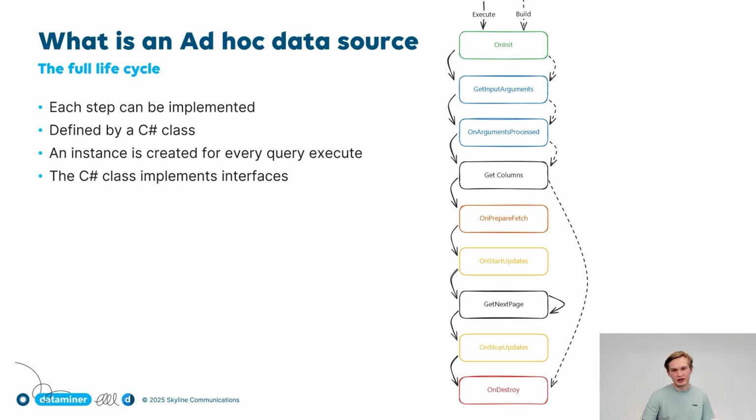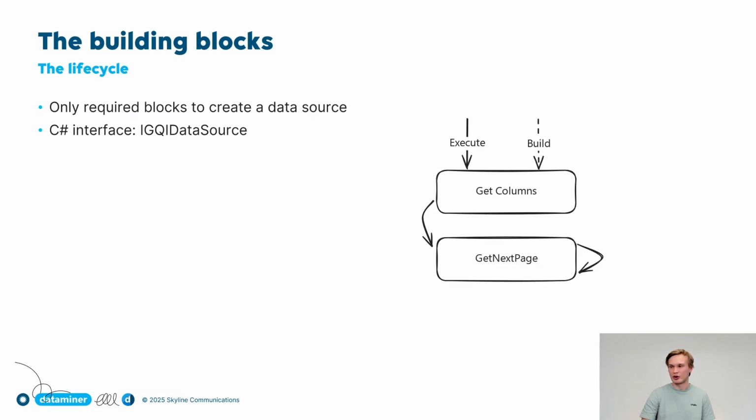Of course, this is a lot, and it might look very complicated, so I'm going to simplify it to 2 blocks. The 2 blocks are going to be our important part of the data source, being get columns, defining what the columns of data are, and then get next page, which is our actual data, which is the very basic parts of tabled data.